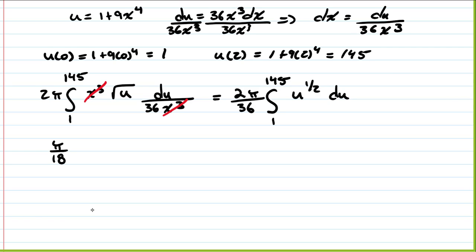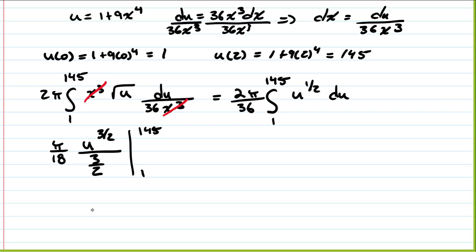Then the antiderivative of u to the 1/2: we add 1 to the exponent and divide by it. So we get u to the 3/2 divided by 3/2, and we need to evaluate that from 1 to 145. Before I start evaluating, I'm going to simplify.